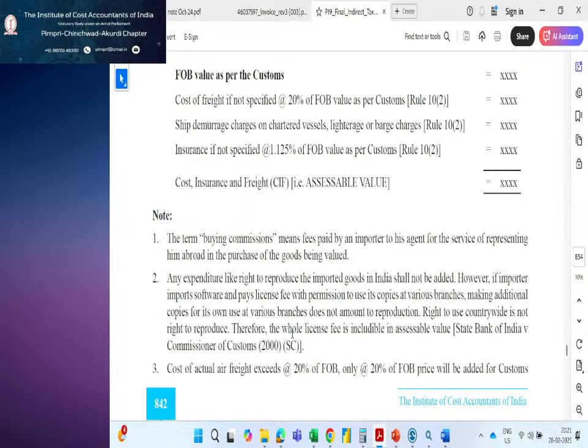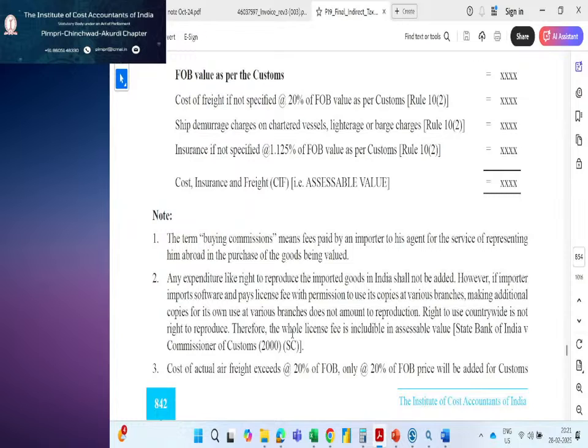Right to use countrywide is not right to reproduce. The whole license fee is includable in assessable value. So any expenditure for the right to reproduce the imported goods shall not be added.